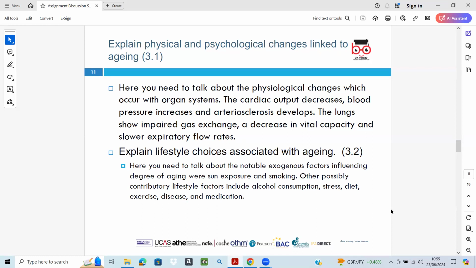The other example is smoking, which also affects the health of a person. We could discuss these lifestyle choices associated with aging in assessment criteria 3.2.